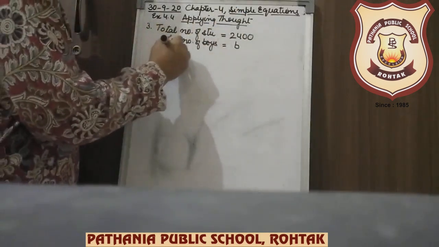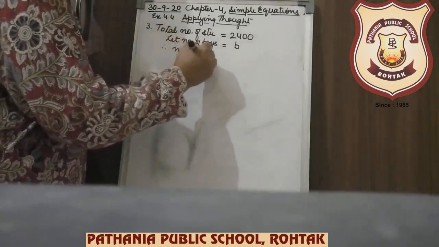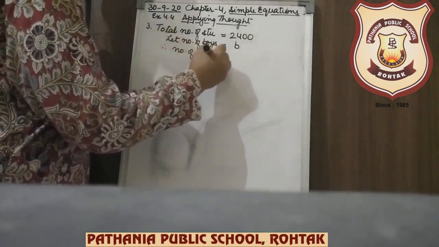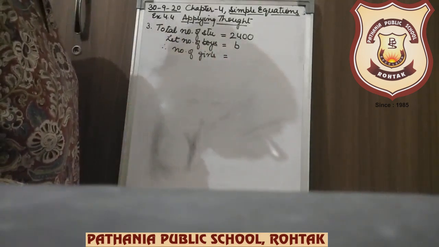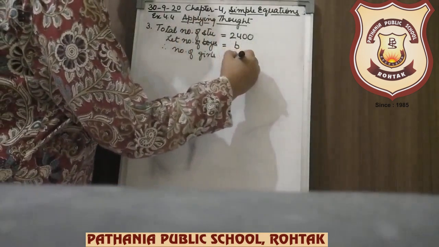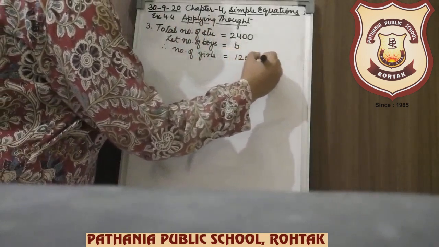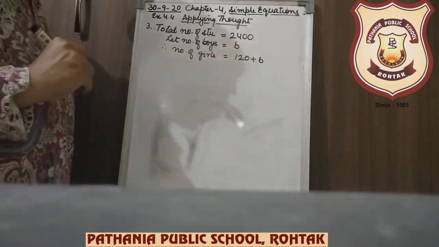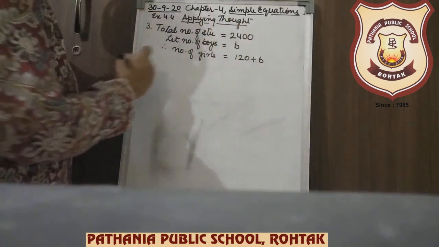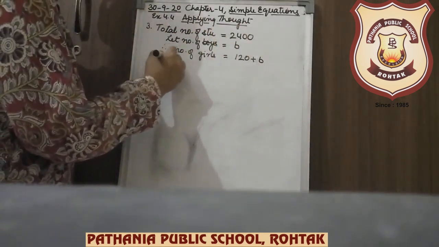So therefore number of girls, they are going to be 120 more, means 120 plus the number of boys. Clear?